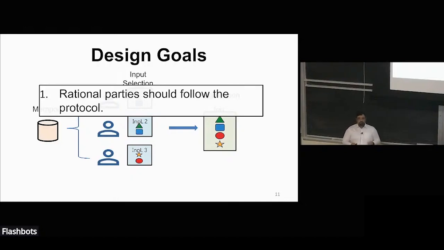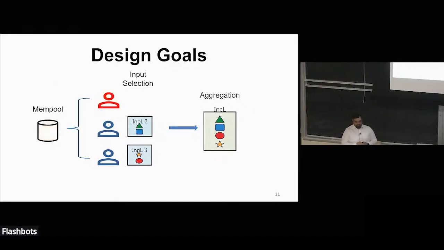First and foremost, the goal is that if all parties are rational, they should be incentivized to follow the protocol. In other words, there is some sort of equilibrium that is established when parties are choosing their transactions, broadcasting, and whatever the aggregation does.